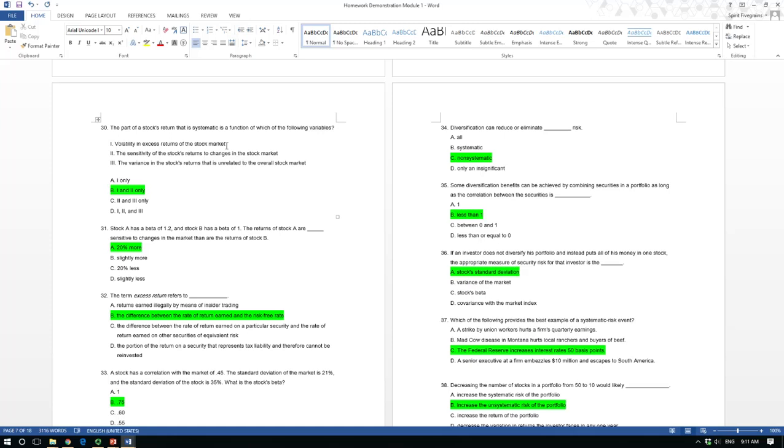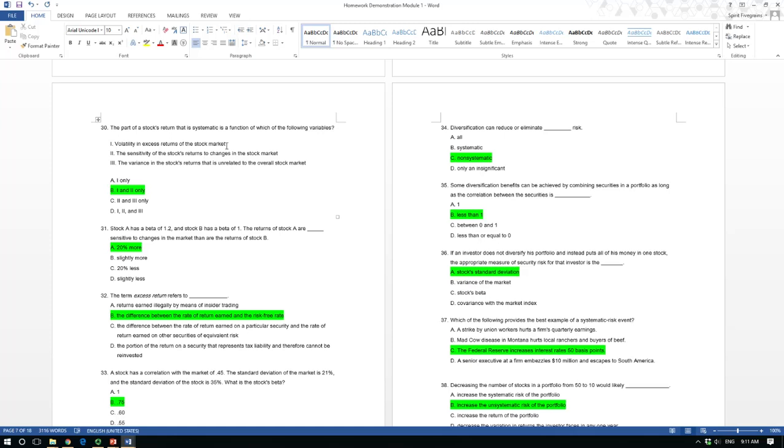Right? And the third one, the variance in the stock return that is unrelated to the overall stock market. Right? So number 3 here means the variance that is unrelated to the overall stock market, that is firm-specific risk, right? Or the error term in that single index stock market model.